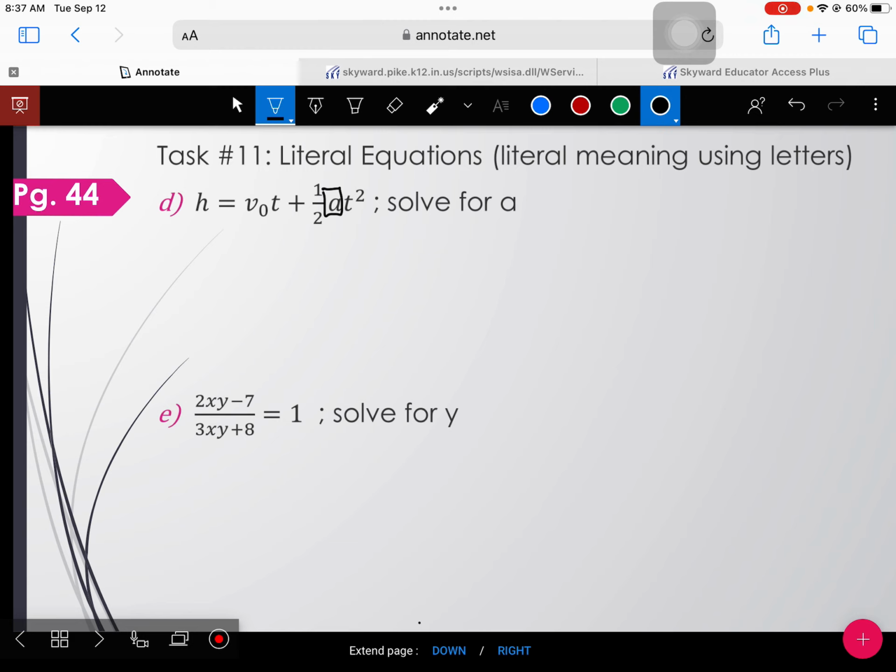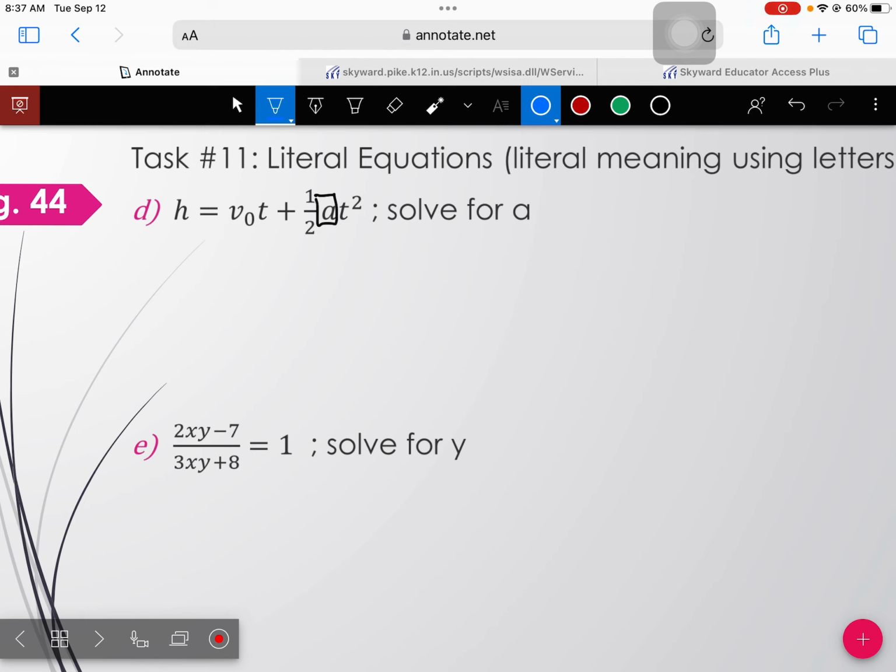That is a subscript, V sub 0. It's a variable. And you might have a V sub 1, V sub 2, so this one is V sub 0. But if I am solving for A, I'm going to keep this term first.